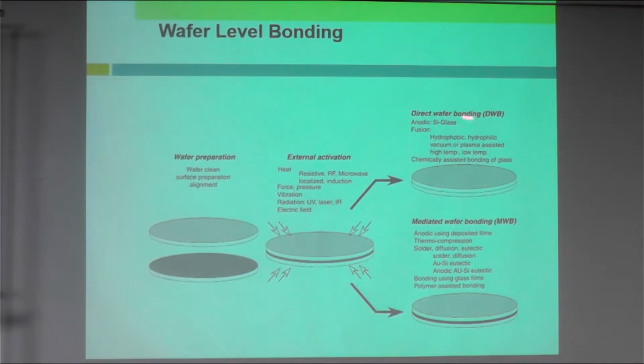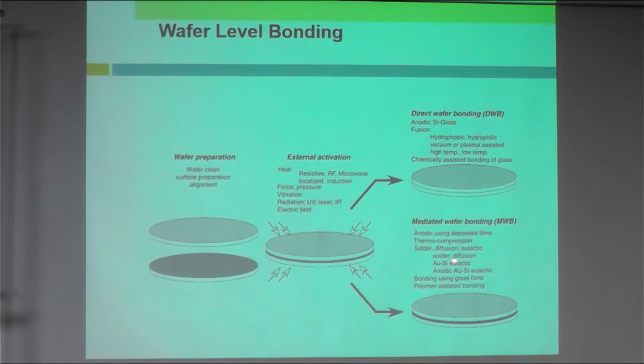And direct wafer bonding: you use anodic bonding using Si glass, and fusion. That is hydrophobic or hydrophilic, vacuum or plasma assisted, high temperature or low temperature, chemical assisted bonding of glass. So basically the bonding of Si glass. And mediated wafer bonding is anodic bonding using a deposited film.